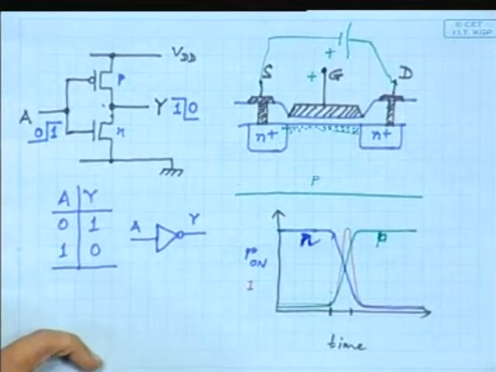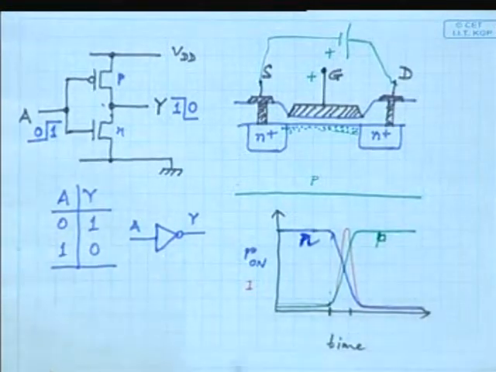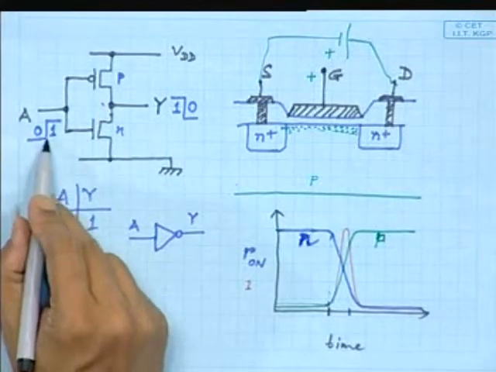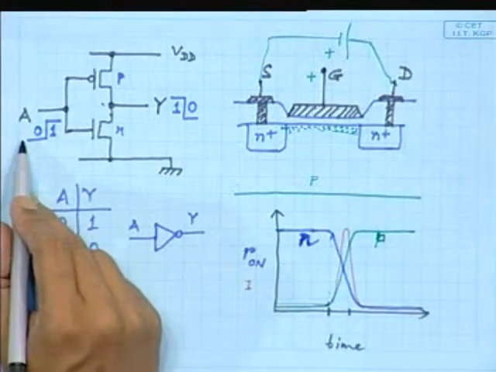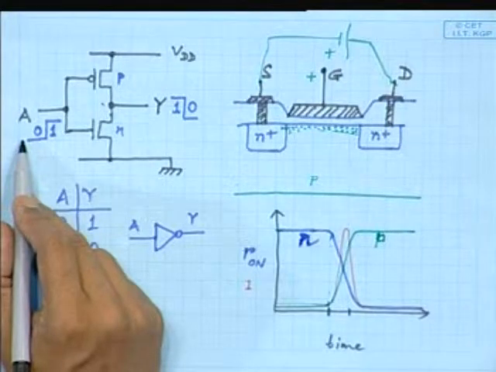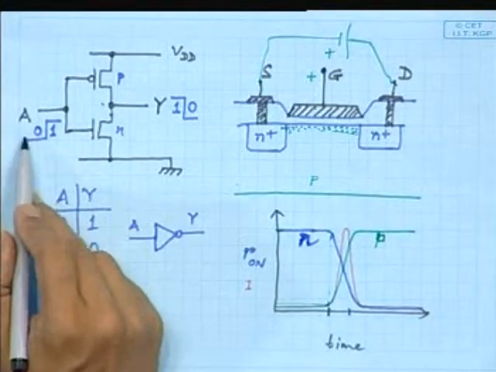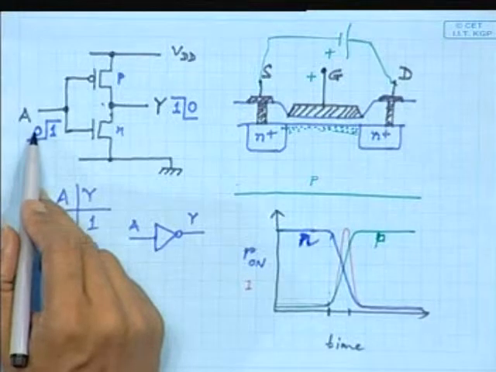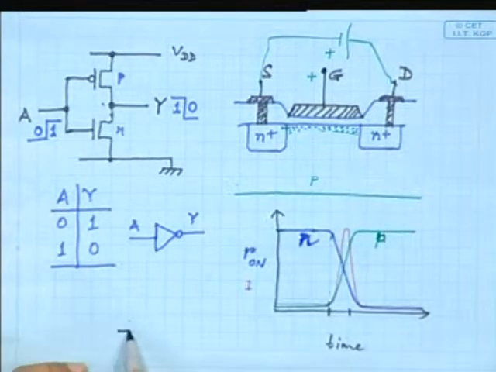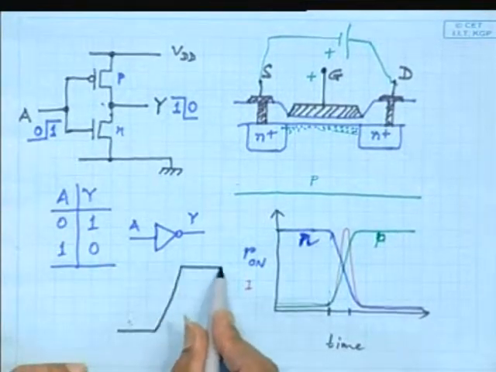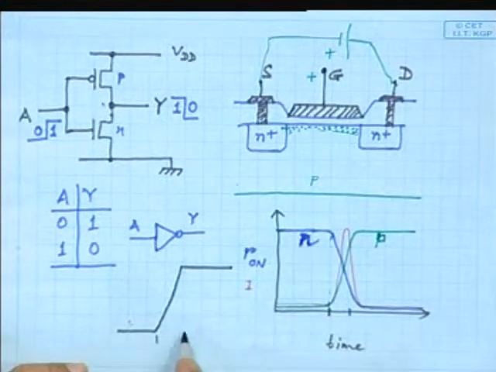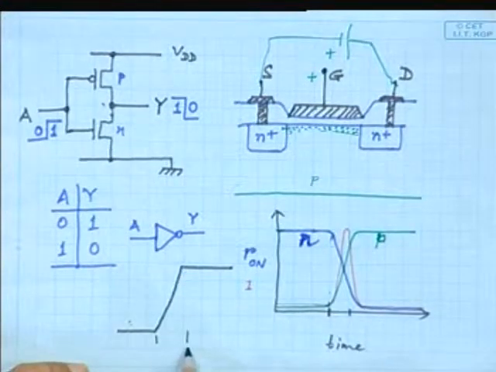Okay, now there is another issue. In this case we are assuming that the transition is instantaneous at the input. That might not also be true. If we look at a very high resolution oscilloscope, we will see that actually the waveform might be something like this. It has some finite, or rather non-zero, rise time.